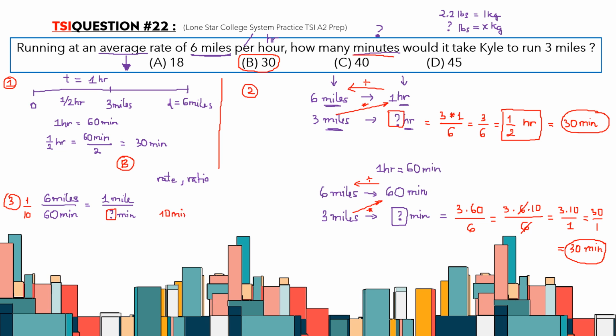He used 10 minutes to run 1 mile. So now the question asks if he runs 3 miles. The time we multiply by 3, the distance we multiply by 3 as well. So 3 miles will use 30 minutes.